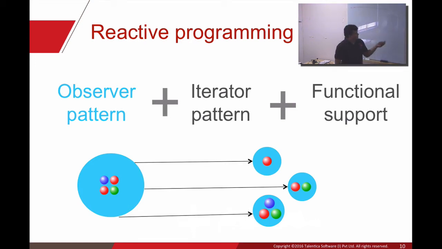So there is no way for the source to inform the observers that, okay, I'm done, I don't have any more data. It cannot say, okay, I'm complete. There's no completion event in observer pattern. And if some error happened, there is no way for the source to propagate the error to the subscribers. So reactive programming fixes this gap. It bridges this gap.